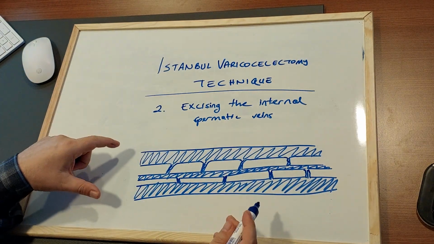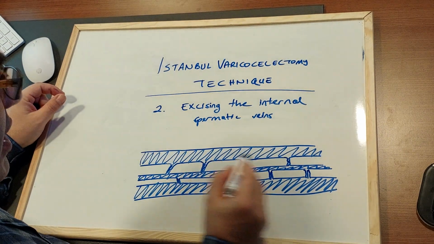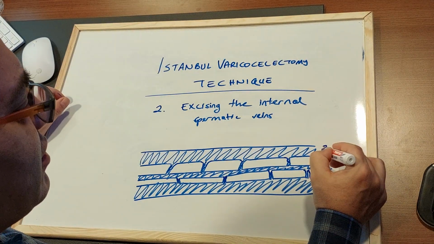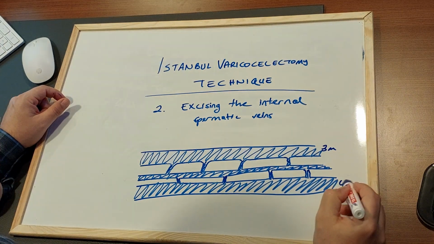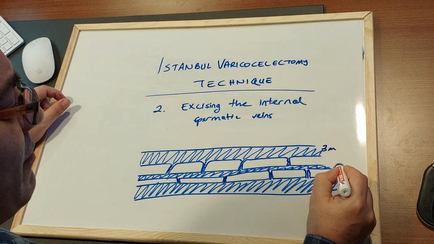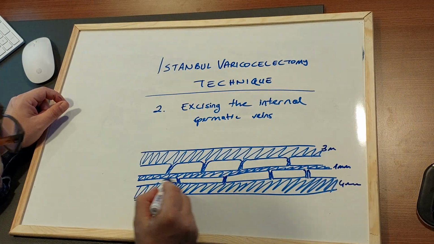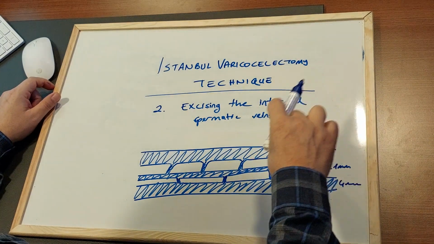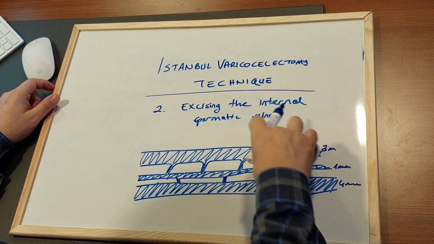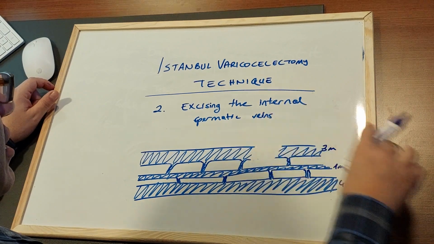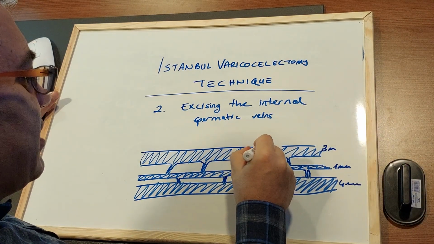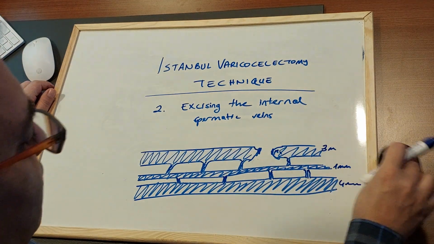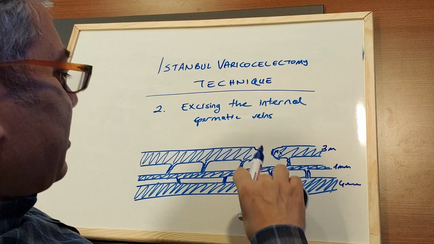This is a schematic view of the internal spermatic veins. The veins have some connections in between. Consider this a 3 millimeter vein, this a 4 millimeter vein, and in between a 1 millimeter tiny branch, which you can easily miss. In the conventional procedure, you make a ligation here, then ligate here, and cut the vein, and do the same thing there.